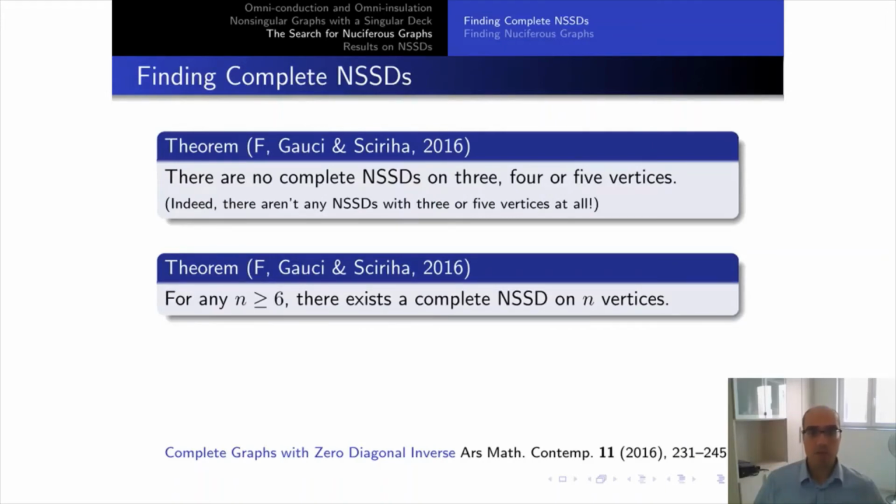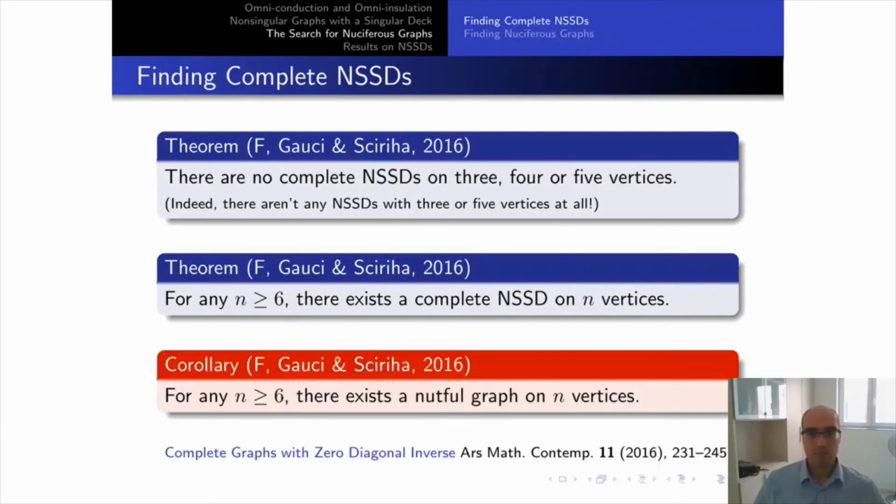So there are complete NSSDs on 6, 7, 8, 9, 10, and so on vertices. And by taking the inverse, nut-full graphs on 6, 7, 8, etc. vertices exist for any n.